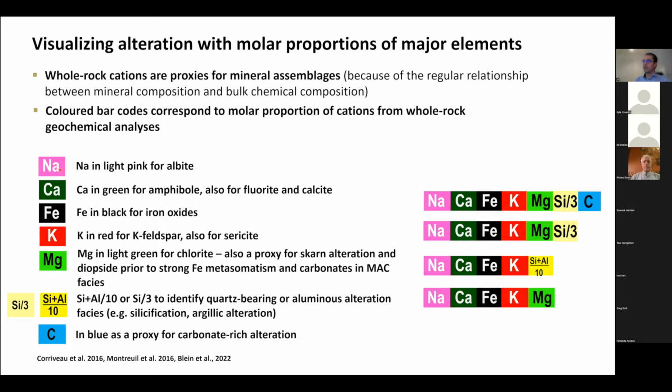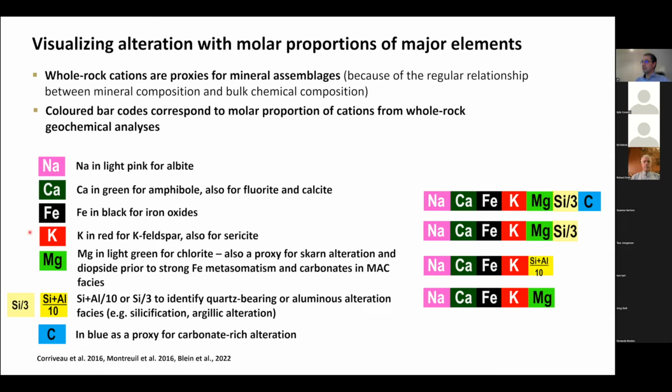So we use pink for sodium to light pink, because very often albitites can be white, gray to light pink. Green for amphiboles with calcium, black for the iron oxides, bright red for potassium, which is where K-feldspar is very often bright red, and magnesium for the light green of chlorite, but also for diopside in certain skarn assemblages.